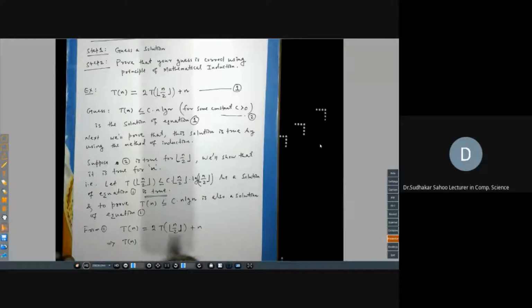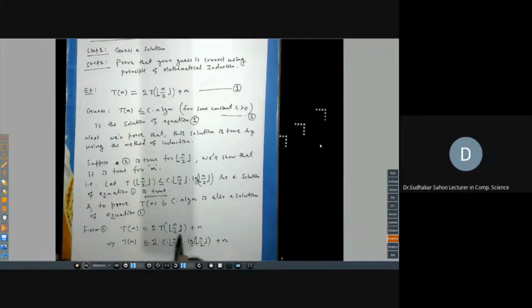So this particular value is less than or equal to 2 into C n by 2 floor log n by 2 floor plus n.